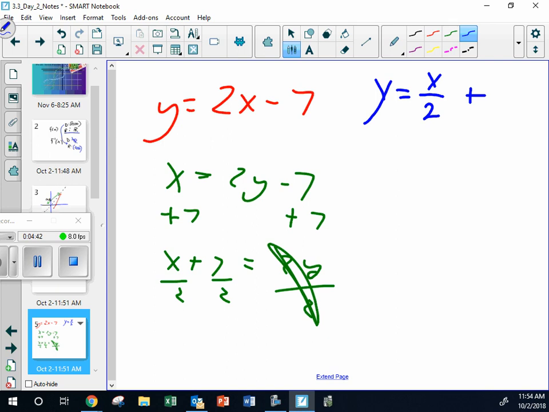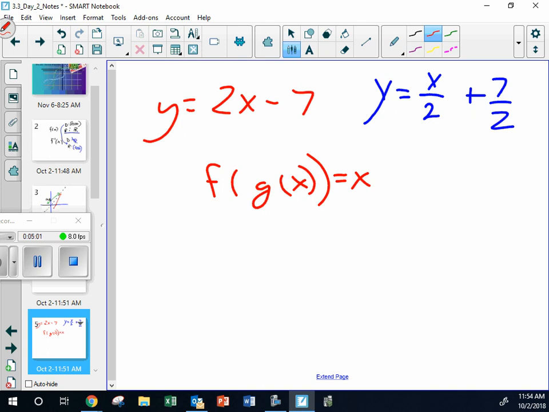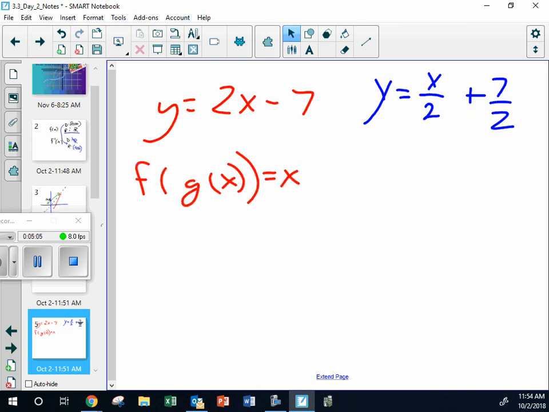There's a way to do it with a rule. This is the proving rule. Is this really an inverse? Only if f of g of x equals x, and the other way around, what do you think I'm going to write?